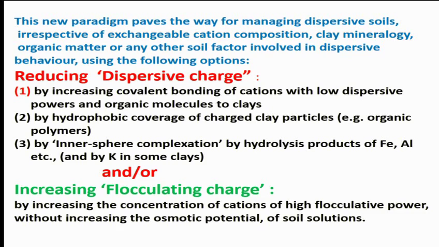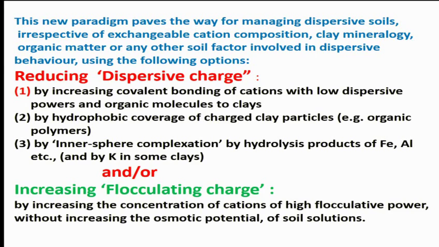This was the first work when I joined here as a postdoc fellow with Malcolm Oates, where the iron and aluminum hydrolysis can reduce the swelling and dispersion. At that time, we didn't know the mechanism, but it is by inner sphere complexation where your hydration charge or the dispersive charge is reduced.